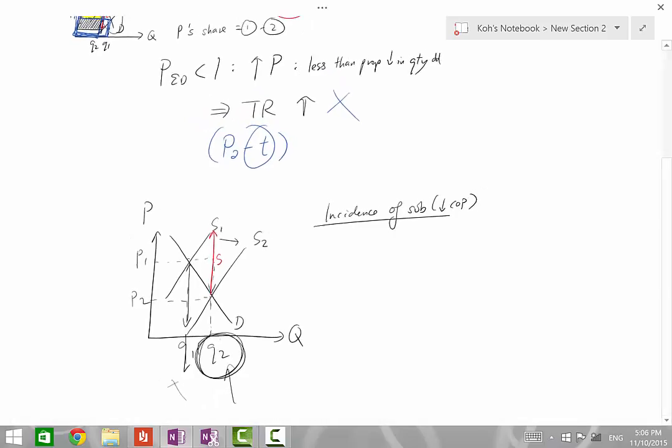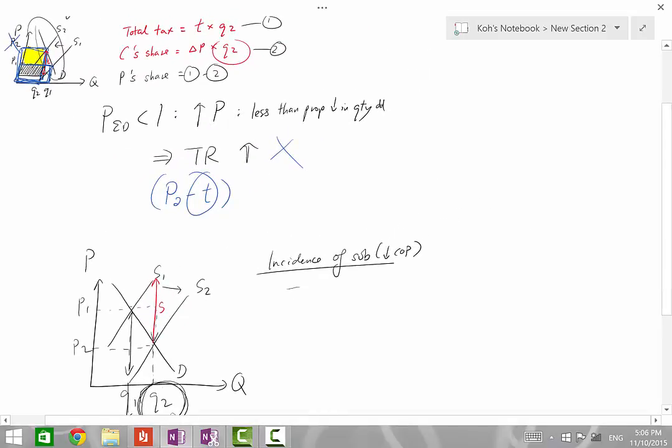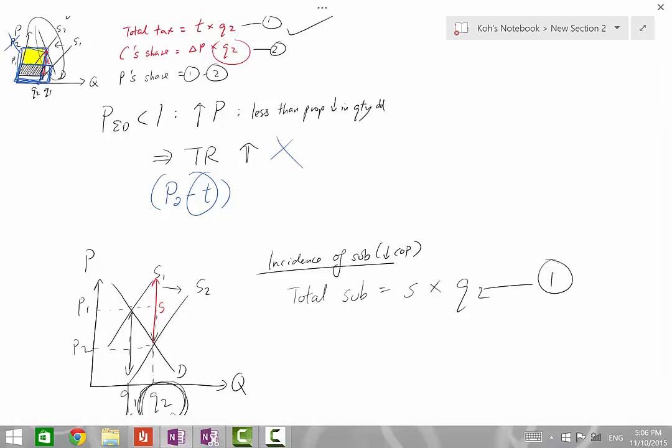So going back to the same derivation, the total subsidy is S multiplied by Q2. This is equation 1. You can see the parallel here. And the consumer share is the change in price multiplied by Q2, which means this is my consumer share.